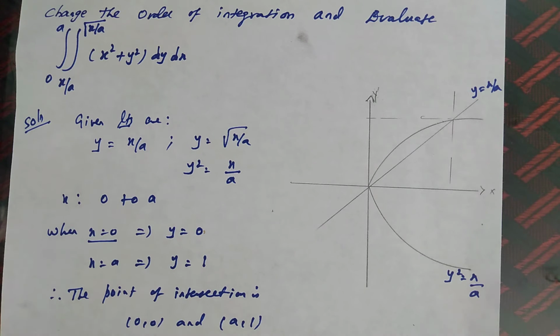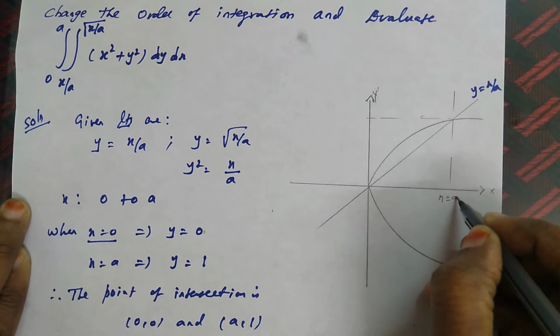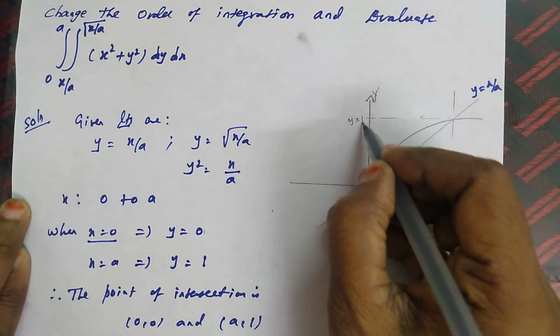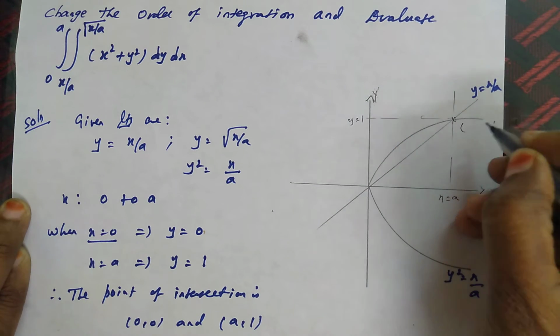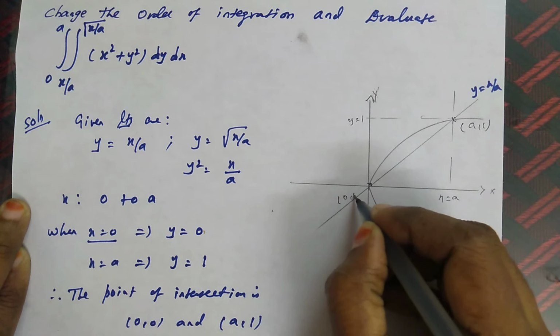But actually we got the points of intersection: (0, 0) and (a, 1). So obviously x is equal to a. If we take x equal to a, y is equal to 1, then the point of intersection is (a, 1) and here it is (0, 0).